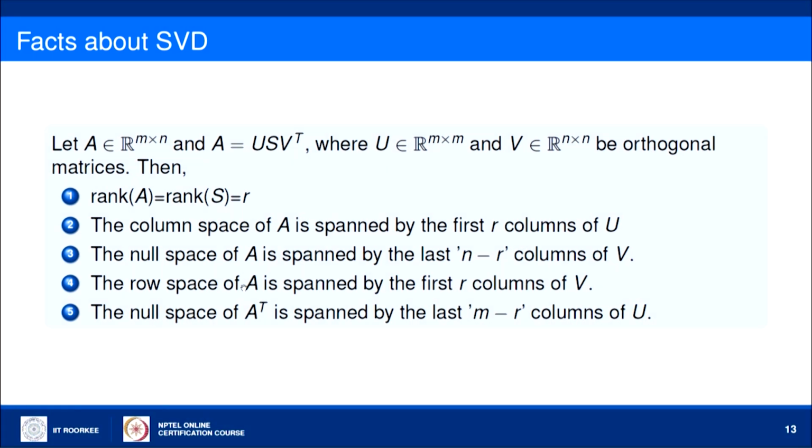The row space of A is spanned by the first r columns of V, and similarly the null space of A transpose is spanned by the last m minus r columns of U.